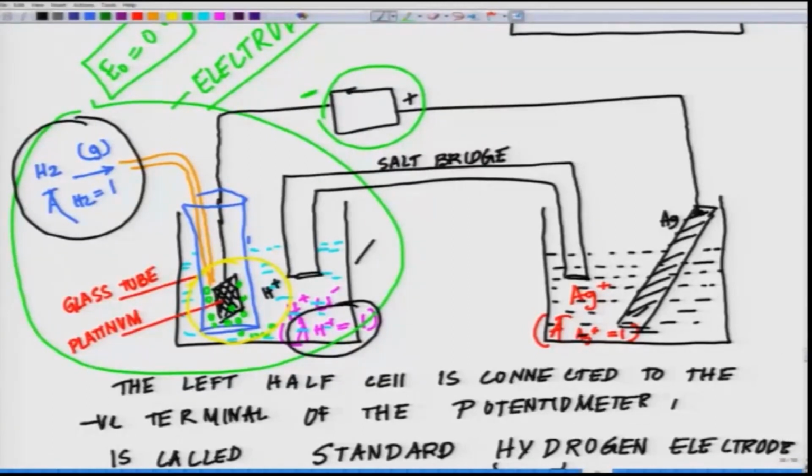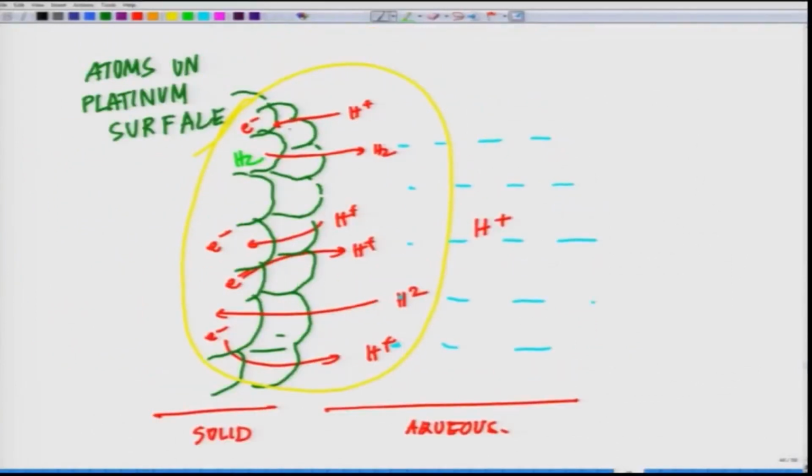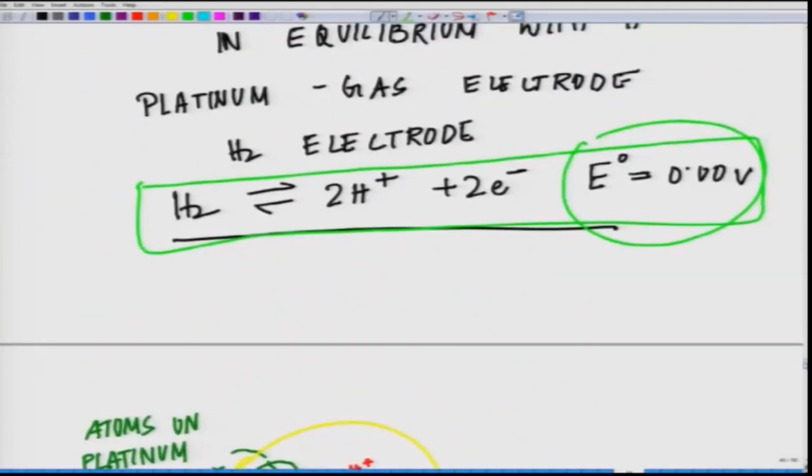What is happening is an equilibration where this is the platinum surface shown in green, and this is the aqueous medium where H plus ions are present. The equilibrium developed here is, as I showed in the reaction, H2.